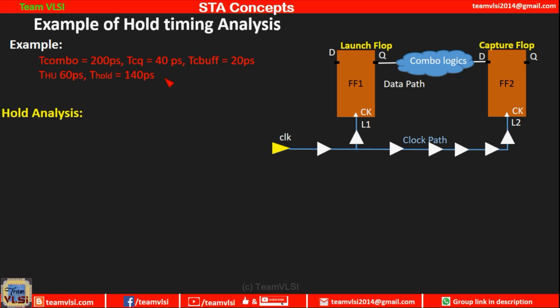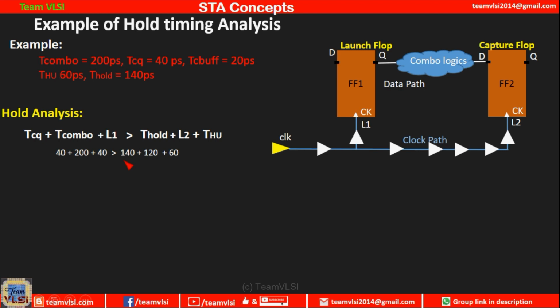As per the equation we derived in the previous slide, we can put in all these values. TCQ is given here as 40 ps, T combo is 200 ps, and L1 is the delay of two clock buffers. Obviously we are ignoring the interconnect delay here.